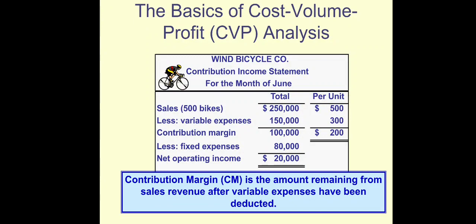First, you see here, this is another format for income statement. Remember, when you learned about financial accounting, you learned how to prepare financial statements and how to prepare an income statement.